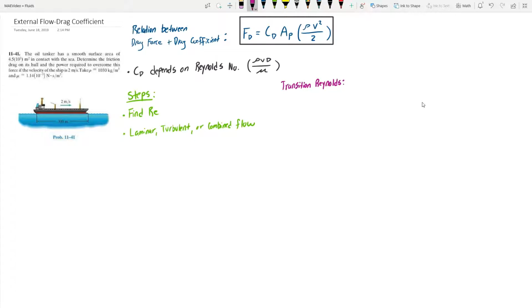So if this is a flow over a flat plate, for instance, think of it, you have a plate here, and you have a flow, let's call that V. So a flow over the flat plate, in this case the area is going to be this shaded area here.